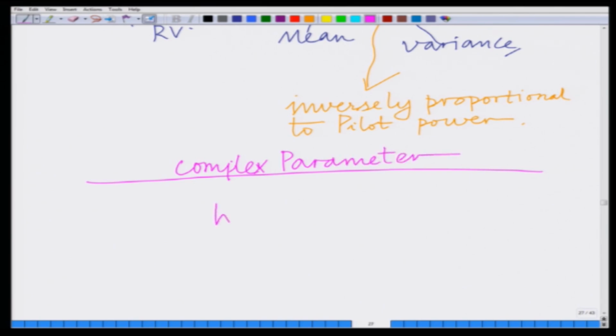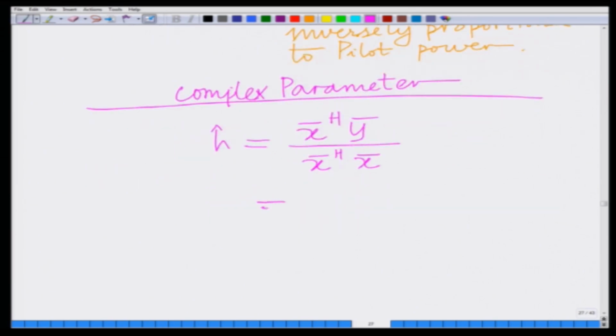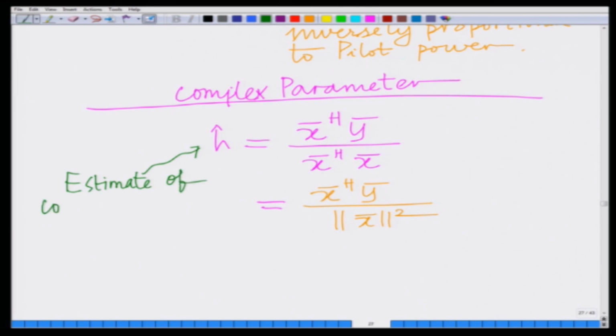We have said the estimate of the complex parameter is simply to replace the transpose by the Hermitian, that is x bar Hermitian y bar divided by x bar Hermitian x bar, which is once again norm x bar square.